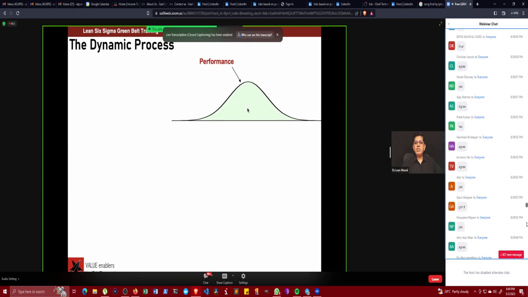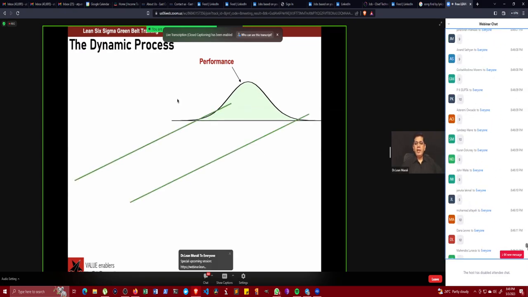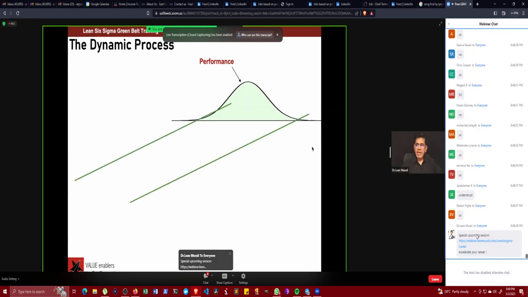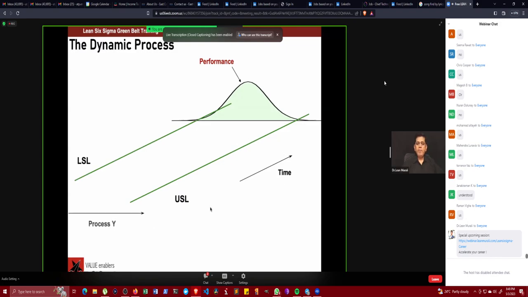Whereas when you see inside one batch of bread you bake, you have a lower specification limit and an upper specification limit. So over a period of time, say the process is Y, it is very interesting to see.